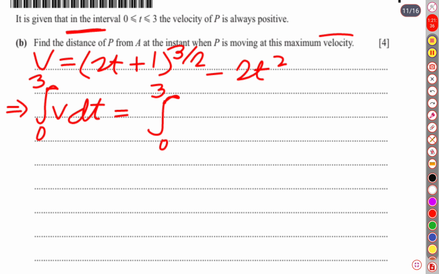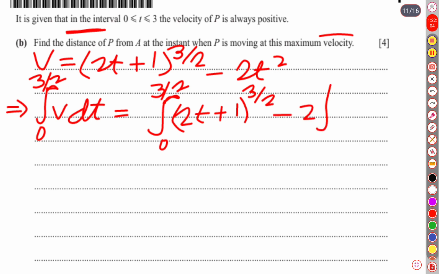During maximum velocity, t was 3 over 2, so we write 3 over 2 as the limit. The integrand is 2t plus 1 raised to 3 over 2 minus 2 t square, with limits 0 until 3 over 2, dt.